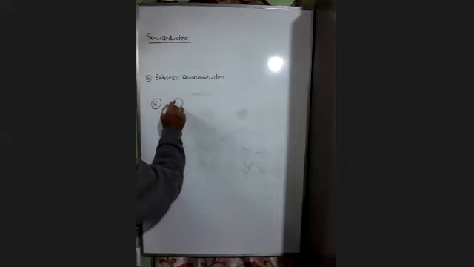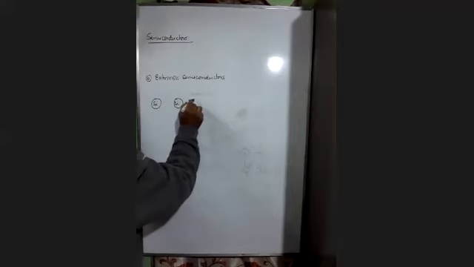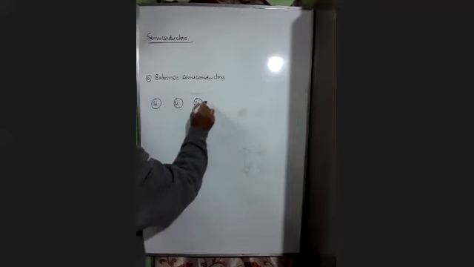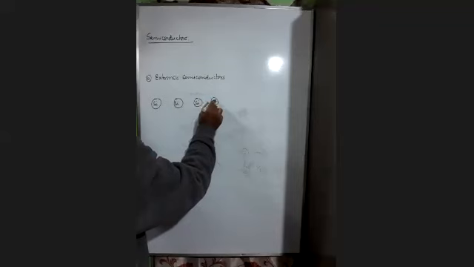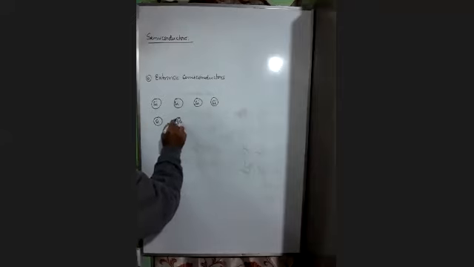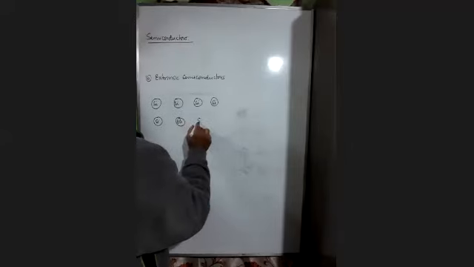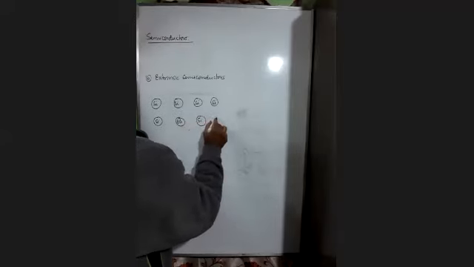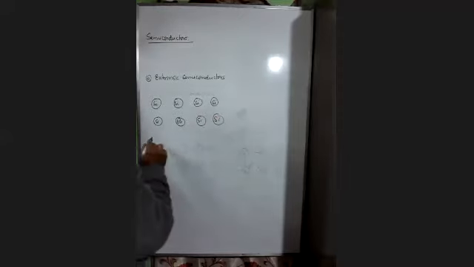So I'm going to draw the same thing here. Say we have mixed silicon with a small amount of boron. Now boron belongs to which group? Do you know? 13.